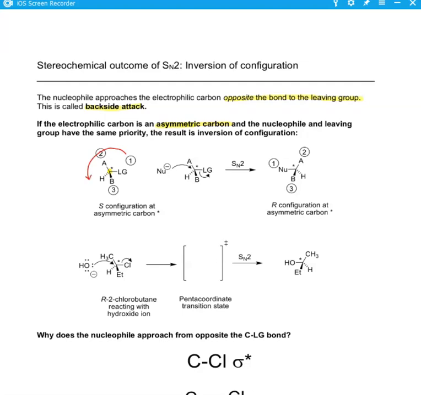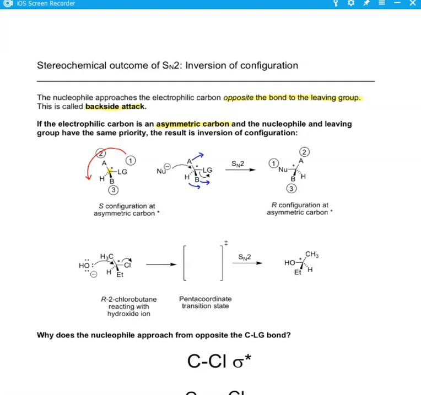Now a nucleophile comes in and attacks this. As the nucleophile attacks this, A and B and the hydrogen are all going to move away to get out of the way. The result is the inversion of configuration.